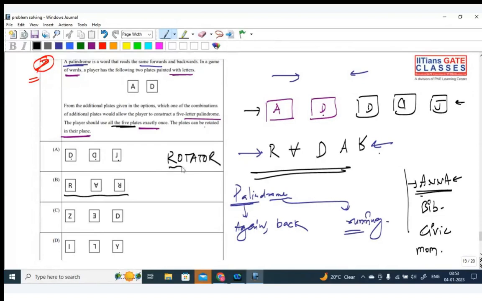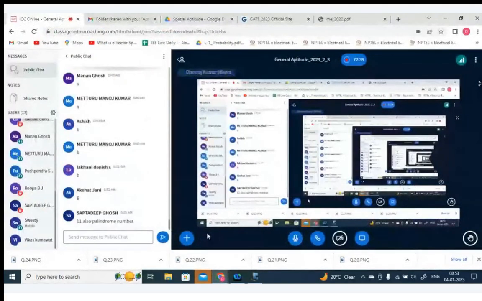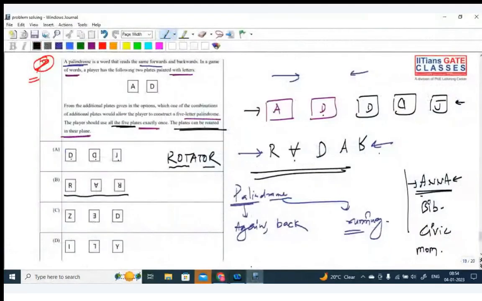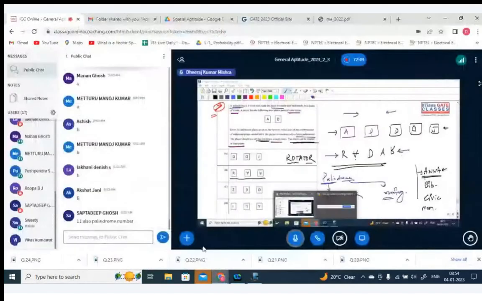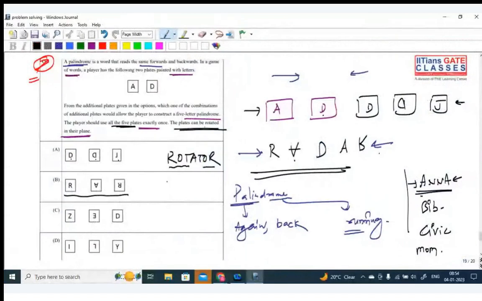If you start from this side or from that side, it's the same. And these can be rotated, no problem, right? They have also said that the plates can be rotated in their plane. So have you understood, guys? 11 is also a palindrome number, yes, but here we are talking about words, not numbers.